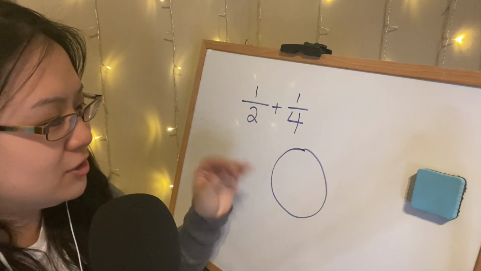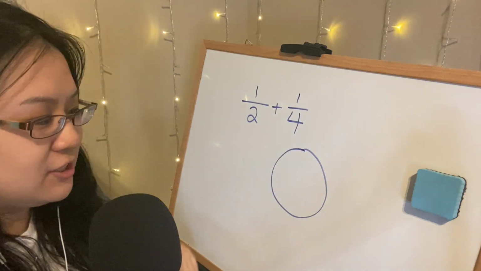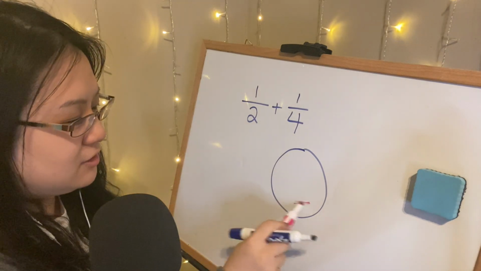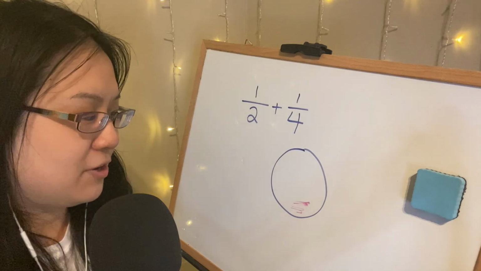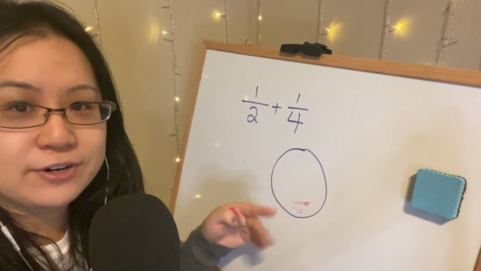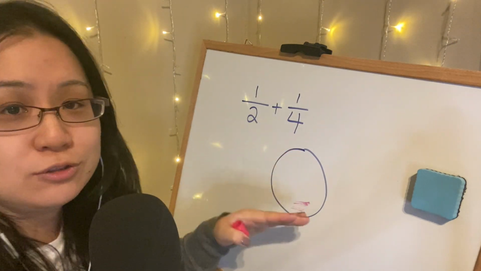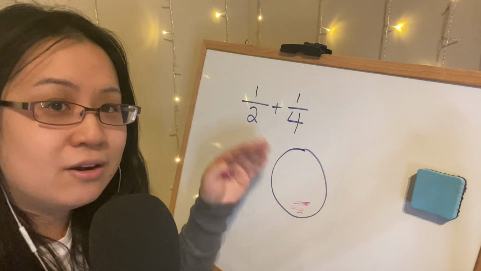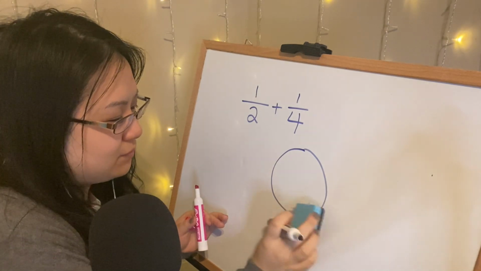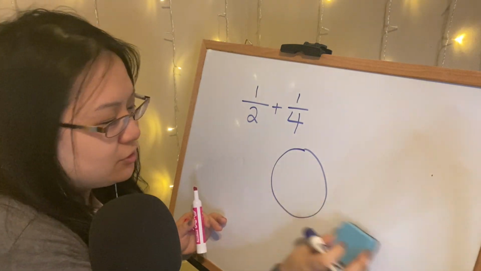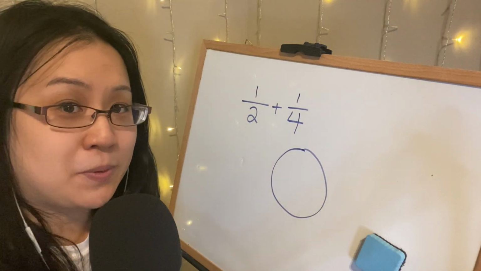Is, for instance, this half of the circle? Not quite half, right? Half would mean that our two parts are exactly the same. So we'd want to shade in a little bit more.